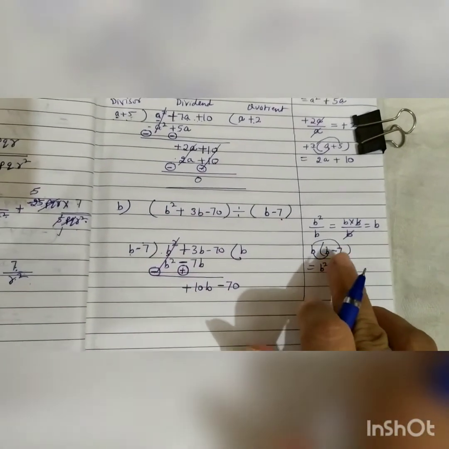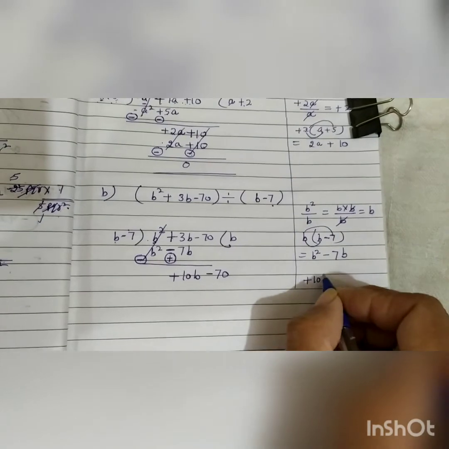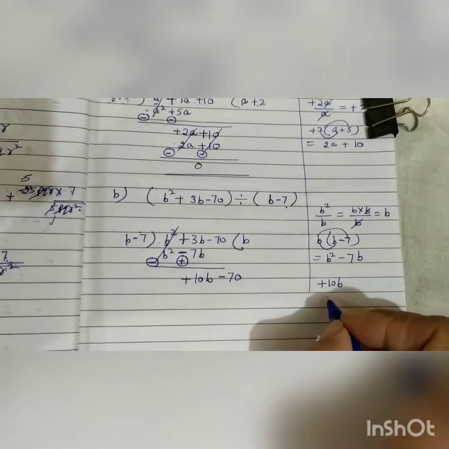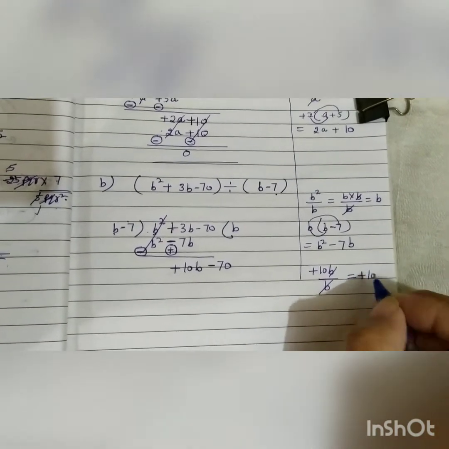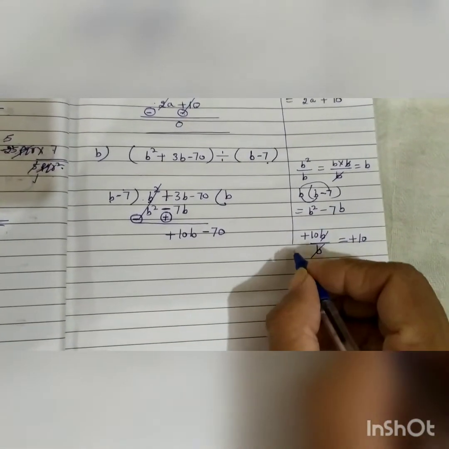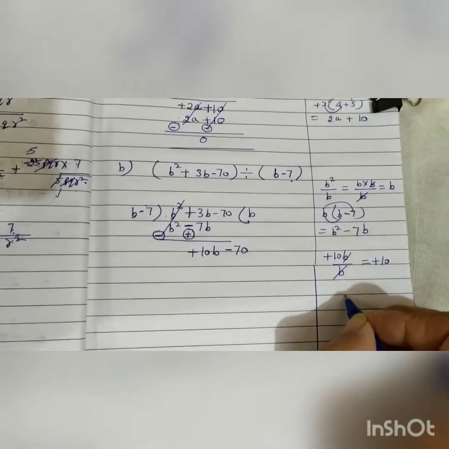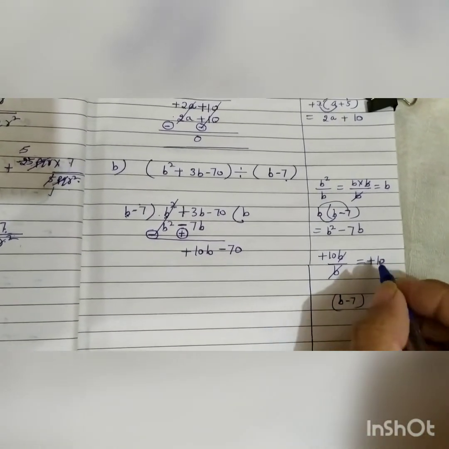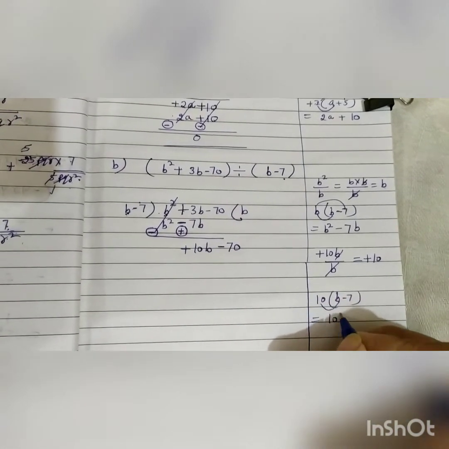Now again follow the same step. This time the first term is plus 10b divided by this b. b cancels. We will get plus 10. Now multiply this b minus 7 by this 10. So 10 multiply b will be 10b.